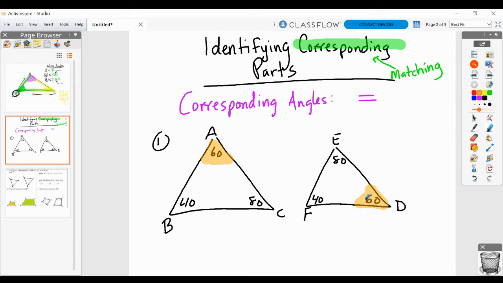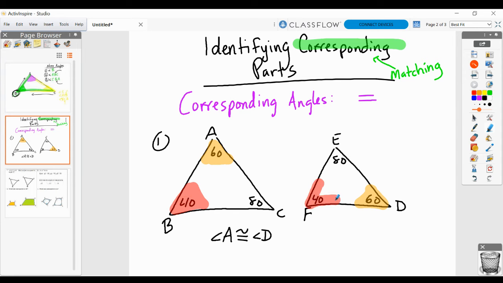So when I look at that, I see angle D has the exact same measurement. So we would say that angle A is congruent to angle D. Those are corresponding. So angle A and angle D. Next, if we look at angle B, which is 40 degrees, I'm trying to find the angle in my other triangle that has the same measurement.